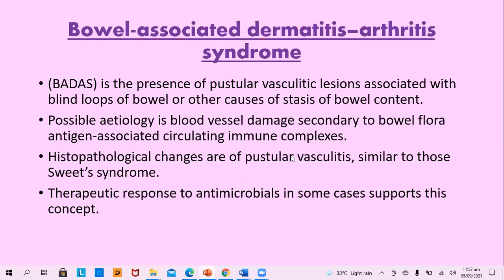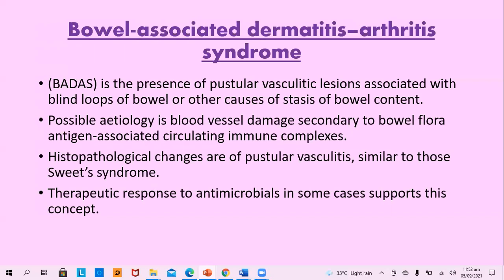Bowel-associated dermatosis-arthritis syndrome. BADAS is the presence of pustular vasculitic lesions associated with blind loops of bowel or other causes of stasis of bowel content. The possible etiology is blood vessel damage secondary to bowel flora and antigen-associated circulating immune complexes.